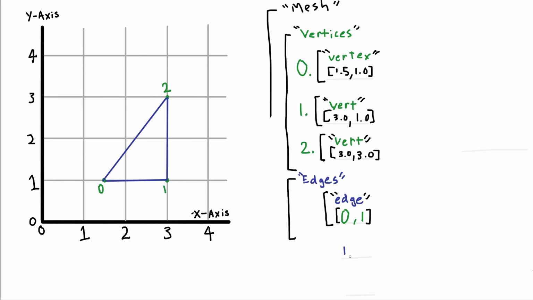I want them in green to make it a little bit clearer. 1, 2, and then 0, 2. And put some brackets to show that structured numbers, which are data, and I'm going to add my edge label to each of these.